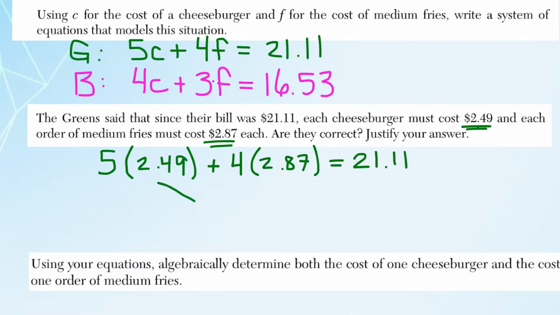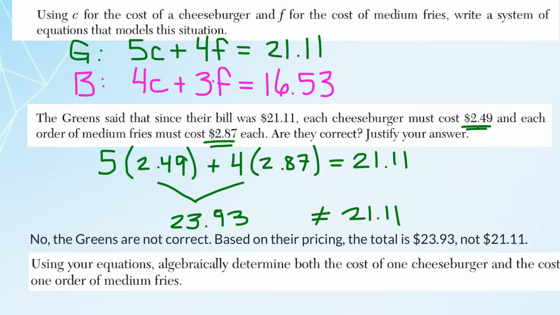For the sake of time, I'm just going to skip ahead and tell you that if you calculate this out, you get a total of $23.93, which is not equal to $21.11. So to answer the question: no, the Greens are not correct. Based on their pricing, the total is $23.93, not $21.11.